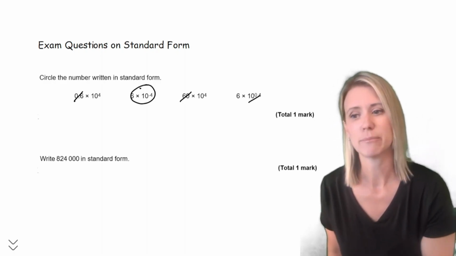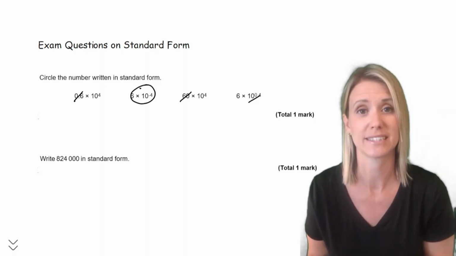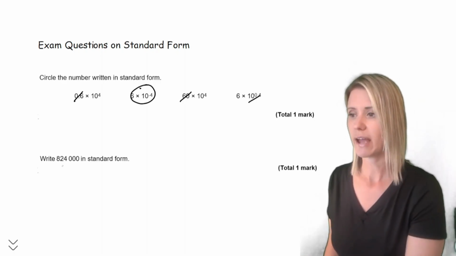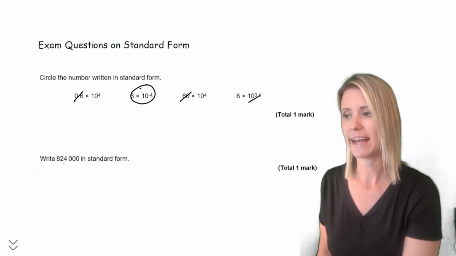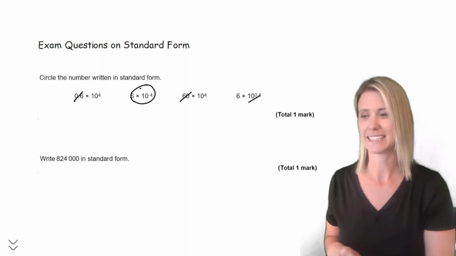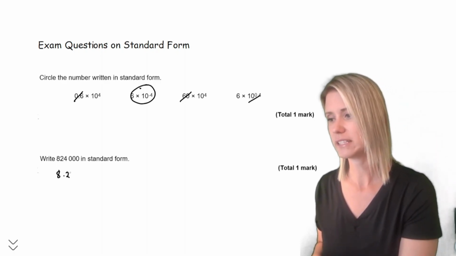And then we get our simple 1-mark questions where we're just asked to convert either between ordinary numbers to standard form or the other way around, standard form to ordinary numbers. So 824,000, where's our decimal point going to go to make that number greater than or equal to 1, but less than 10? It's going to go between the 8 and the 2. So we have 8.24.